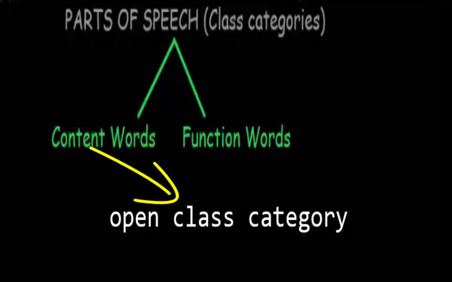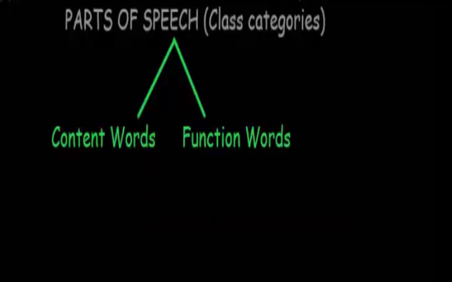Once it enters the dictionary, that word becomes standardized. So they call it open class because it is open. For ages to come, this class will keep accommodating new words.